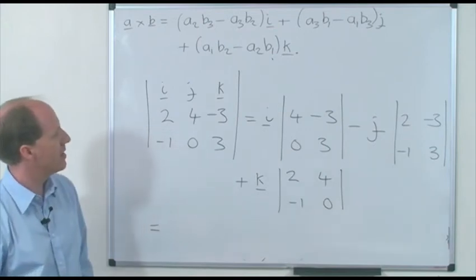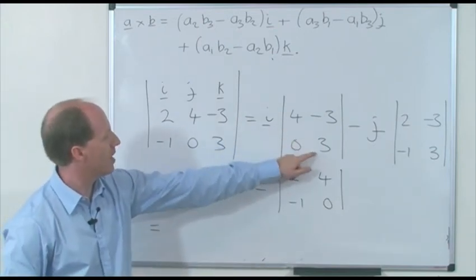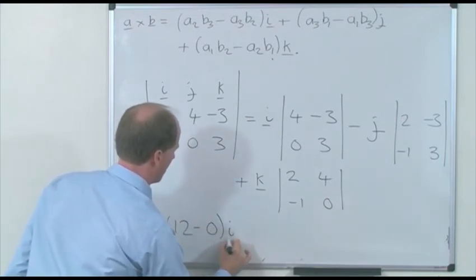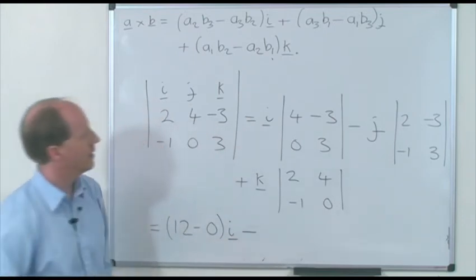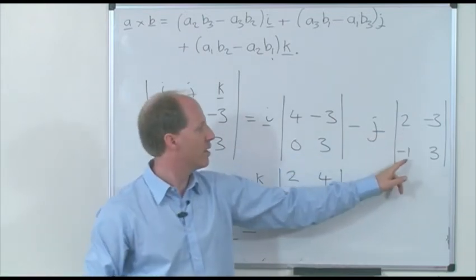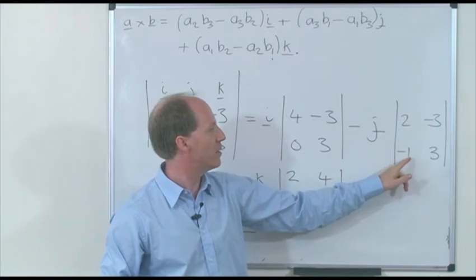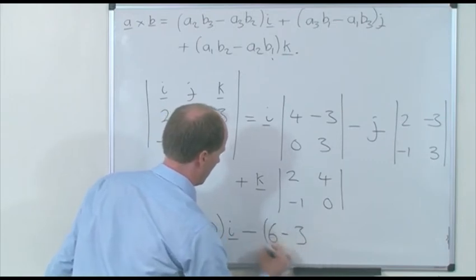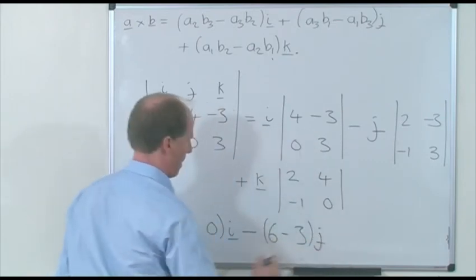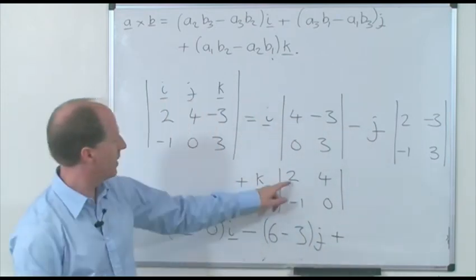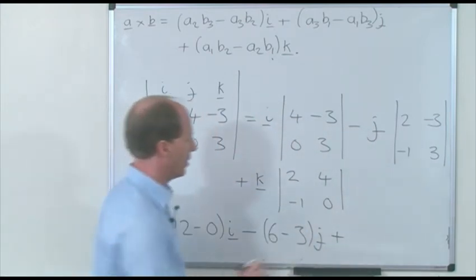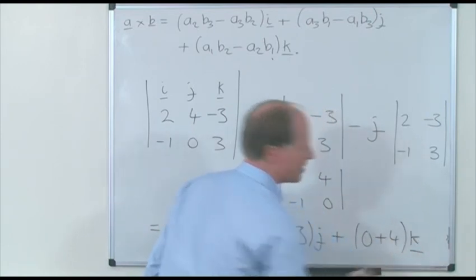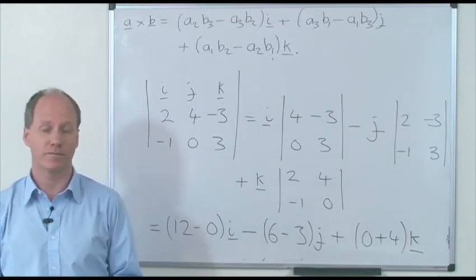And now working out these determinants, I get 4 times 3 is 12, minus 0, times i, minus, and now 2 times 3 is 6, minus minus 3, which gives me 6 plus 3 times j, plus, finally, 2 times 0 minus 4 times minus 1, so it's 0 plus 4k. So it's exactly the same answer as I got before.